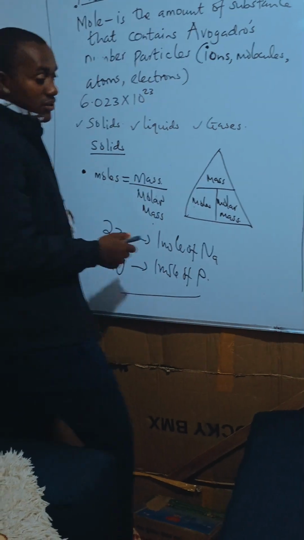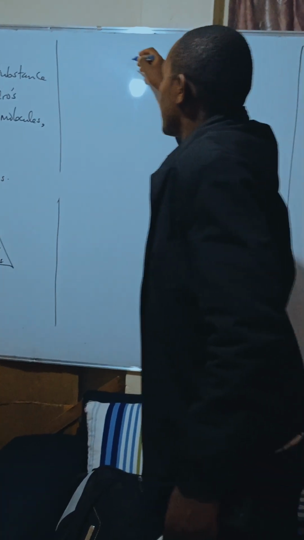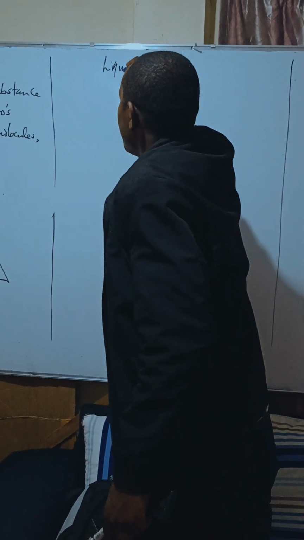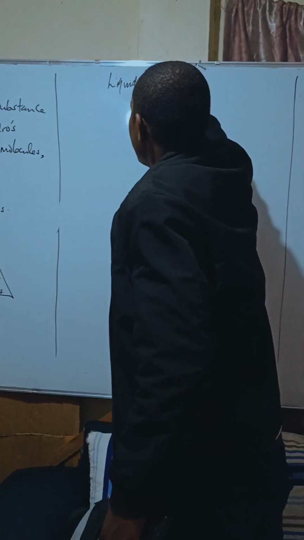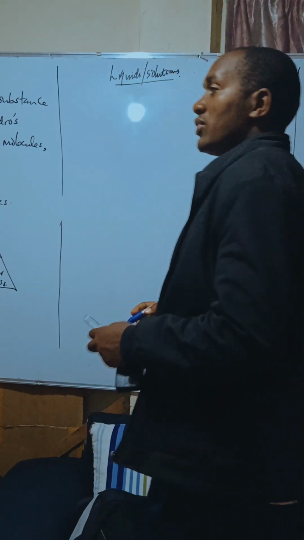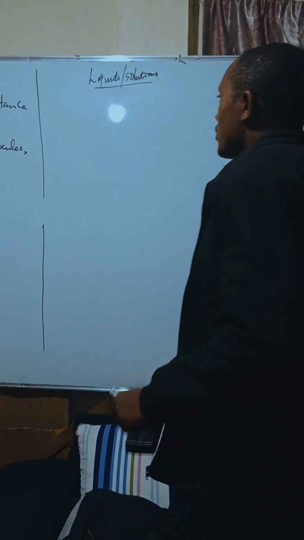Let's go to liquids or solutions. In liquids or solutions, how do we find moles? We can prepare solutions and we use molarity in this case. So what is molarity?